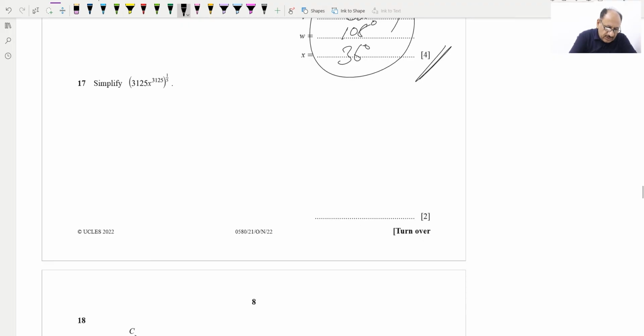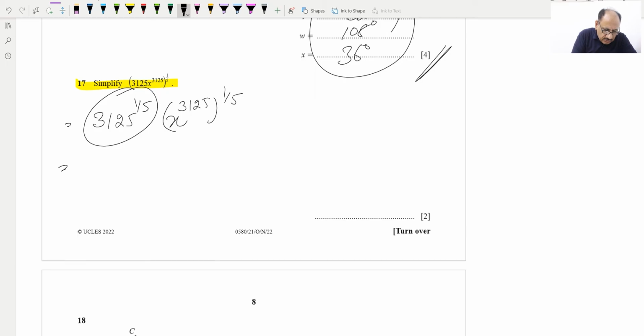Now question number 17, we need to simplify. This is an indices question, and it's a little tricky. You need to be careful. We will take a separate power of 1 by 5 for 3125, and x raised to 3125 will be a separate power 1 by 5.